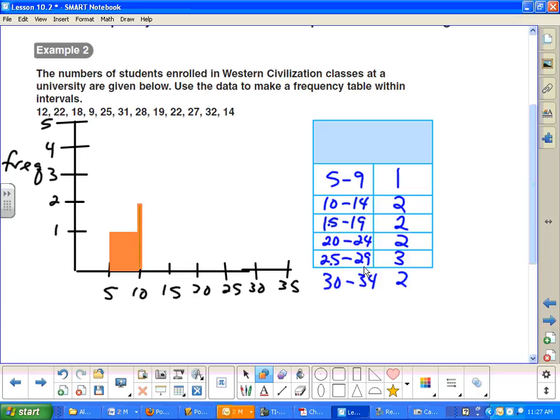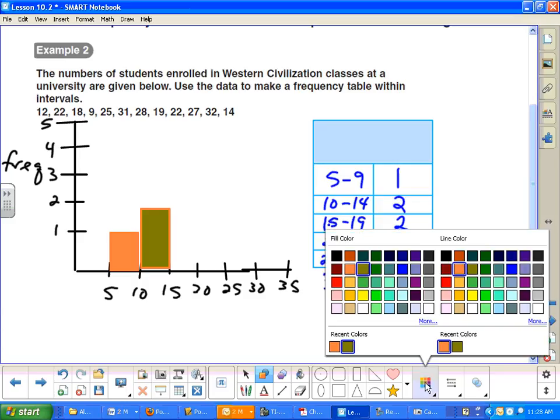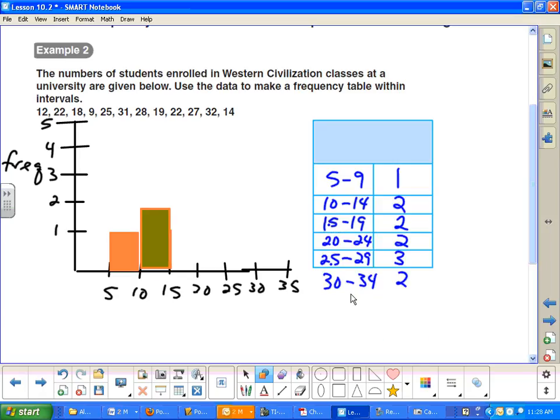From 10 to 14 we have 2. Oops. That's ugly, isn't it? 15 to 19 we have 2. So this bar is going to be the exact same height, exact same width, hopefully, if I did my work right. That's why I gave you graph paper, so when you make them, you can use the graph.